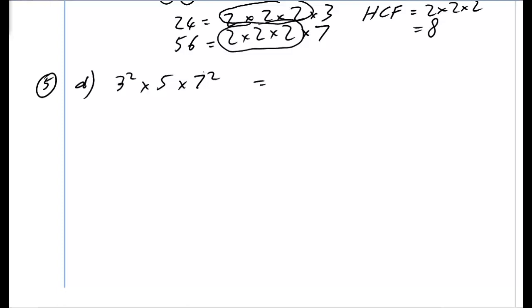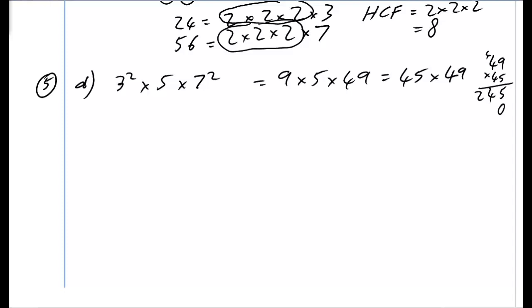3 squared, 3 threes are 9, times 5, times 7 sevens are 49. Now you might need a calculator for this, but 9 fives are 45, so 45 times 49. Doing that the old-fashioned way, 49 times 45. 9 fives are 45, carry 4. 4 fives are 20, plus the 4 there is 24.